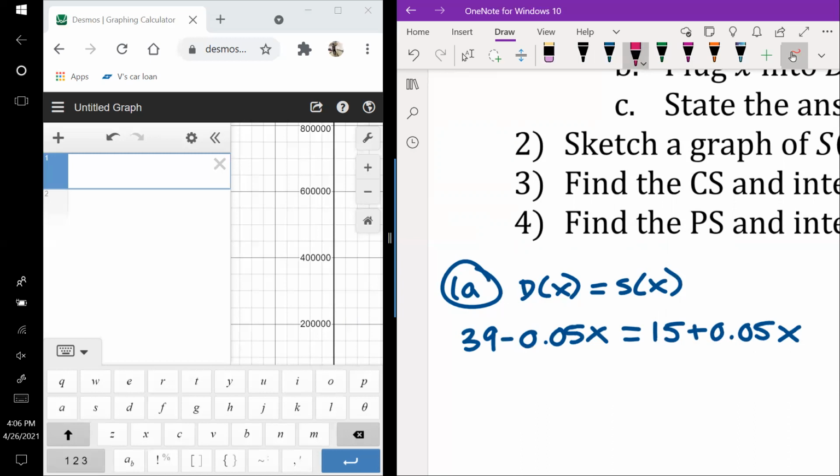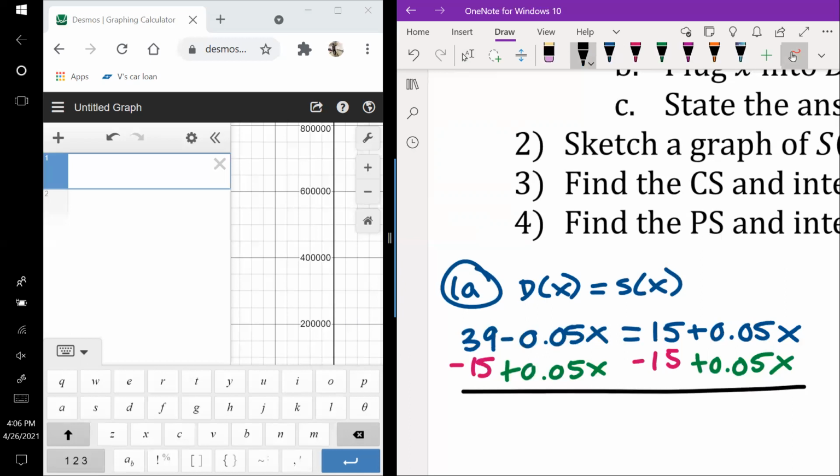So we'll move 15 over. And in the same move, we'll add 0.05x over to the right side. 39 minus 15, that is 24, equal to 5 cents plus 5 cents, 10 cents x.